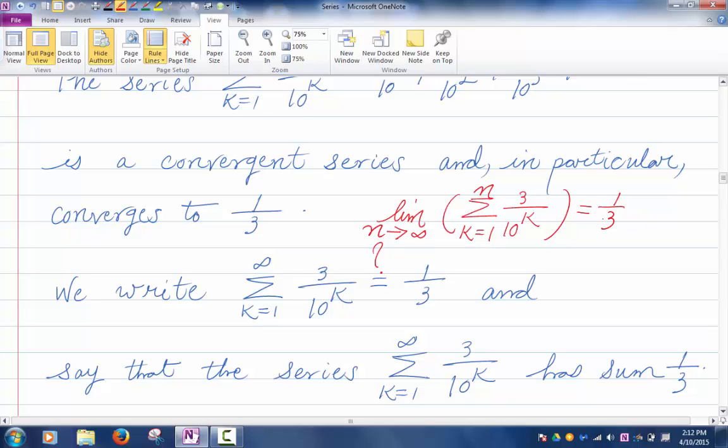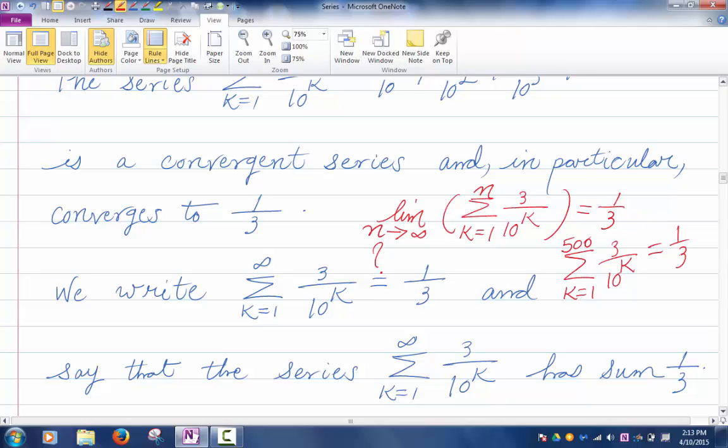However, it doesn't mean that you can give me a value of n such that the sum k going from 1 up to 5 million or whatever you like, 500 let's say, of 3 over 10 to the k is equal to that 1/3. Am I making sense? That is, you cannot add up finitely many terms of the series and get 1/3.